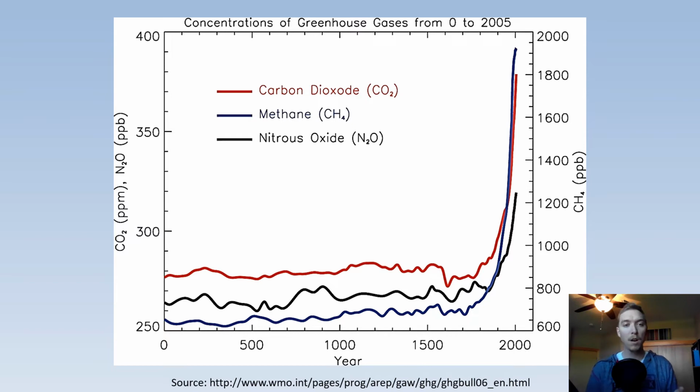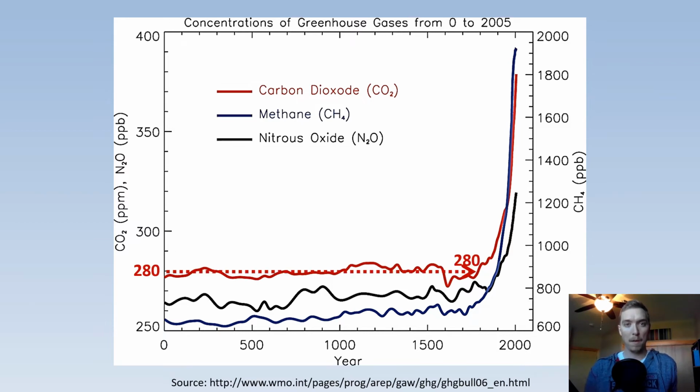So here are concentrations of greenhouse gases from the year 0 to the year 2005. So now, 2022 years before the present to 17 years before the present, I guess, back in 2005. So this is for carbon dioxide, methane, and nitrous oxide, N2O.